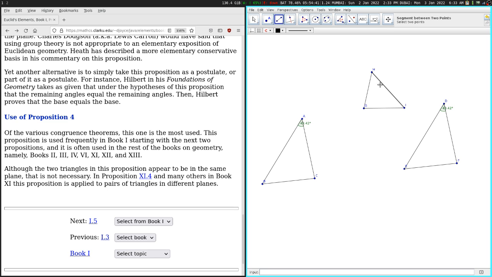The one that isn't sufficient is angle, side, side. Here's what I'm going to do. I'm going to make a compass right here, and keep that side length constant. Why does that not work?